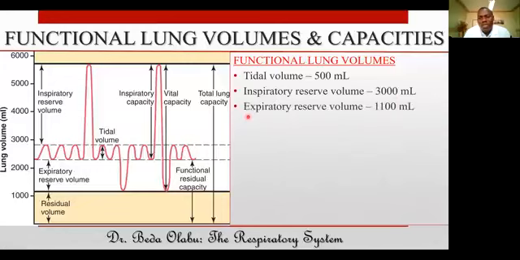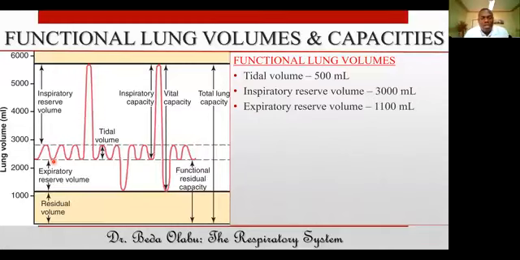I want us to now define the expiratory reserve volume, which is this one here. The expiratory reserve volume, as we can see, is that volume of air that you can breathe out forcefully after normal expiration.